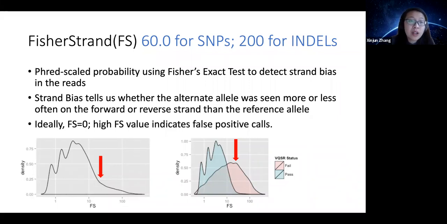There's another one called Fisher strand. If you remember the Phred scale probability, that is in the VCF file.